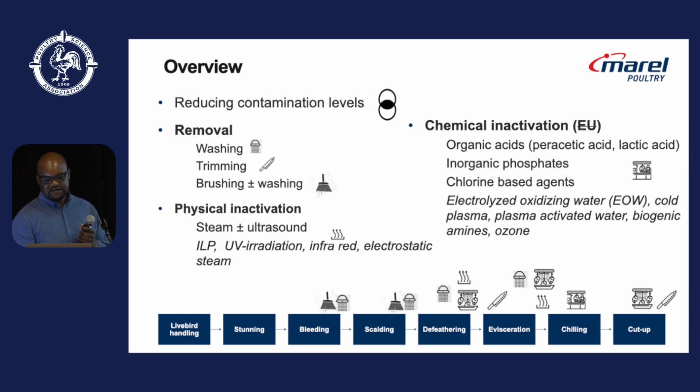But obviously here in the United States, where we have mostly water chilling systems, you can use, for example, the main 3 organic acids, inorganic phosphates, and inorganic or organic chlorine-based agents. Also important is that a lot of other compounds have been investigated that you find in literature, but again, commercial applications are still not widespread.